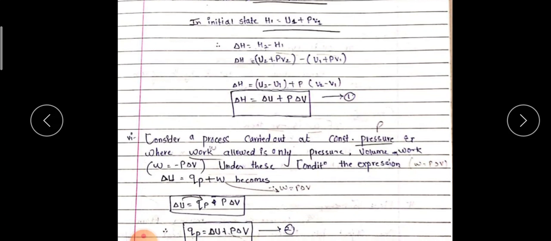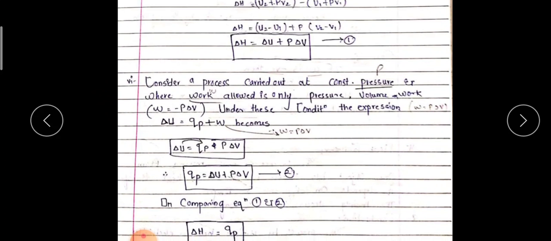Consider a process carried out at constant pressure where the only work allowed is pressure-volume work, that is W is equal to minus P delta V. Under this condition, delta U is equal to QP plus W, which becomes delta U is equal to QP minus P delta V, therefore QP is equal to delta U plus P delta V.